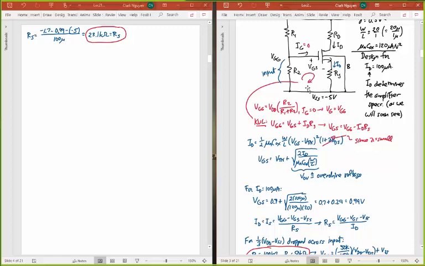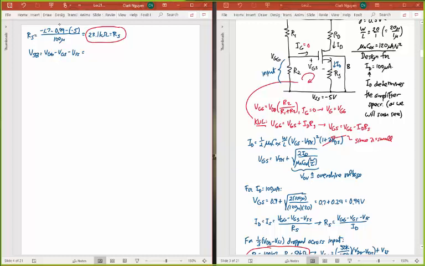So let's write down what our VSB is, the voltage between the source and the bulk. So that is equal to this VGG minus VGS minus VSS. And so that's the same thing as the thing up top here.